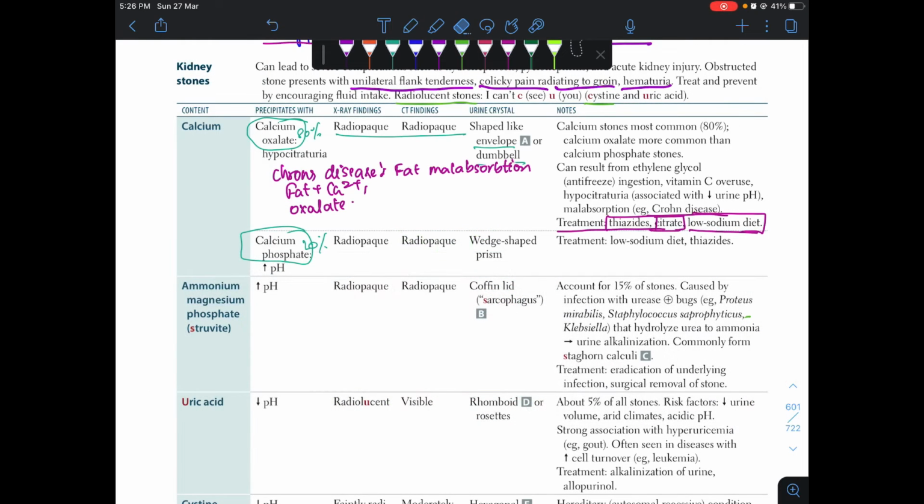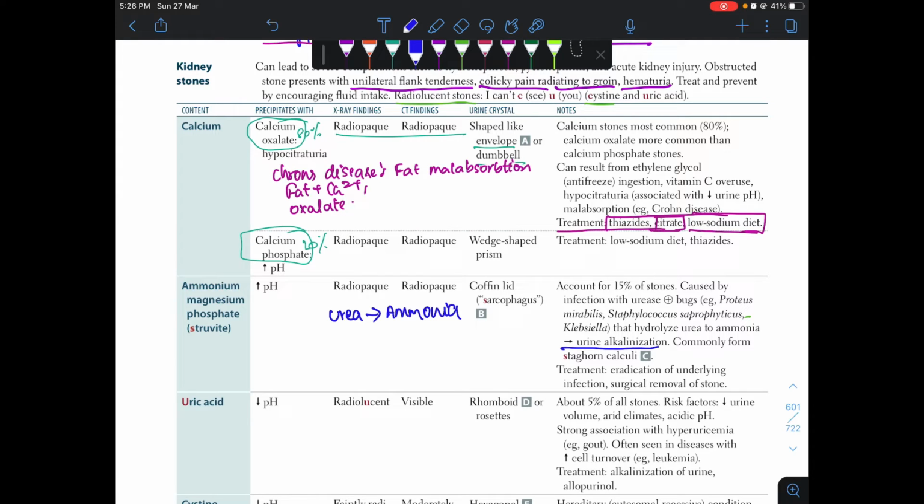The causes for struvite stones include urease positive bugs like Proteus mirabilis, Staphylococcus saprophyticus, and Klebsiella. These hydrolyze the urea to ammonia. When urea is converted to ammonia, this makes an alkaline environment, that is, increases the pH.